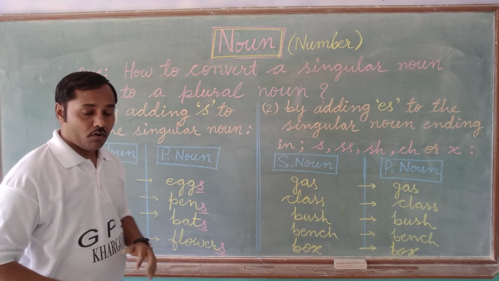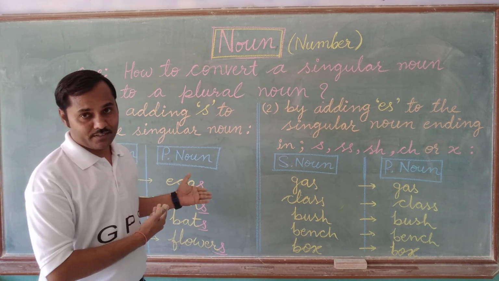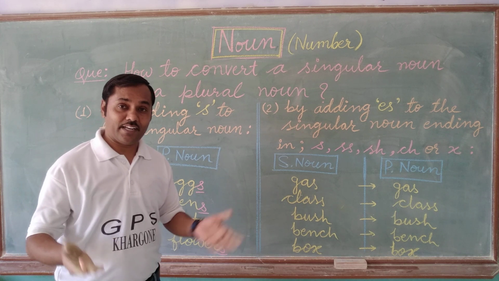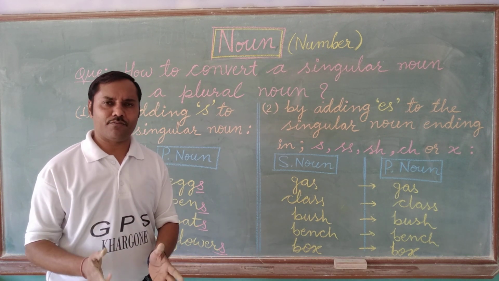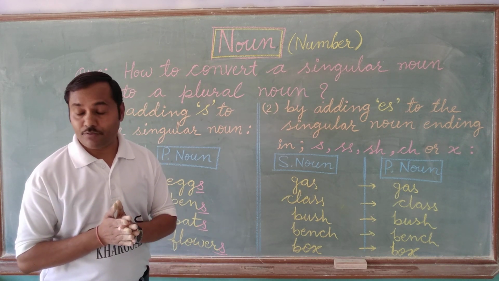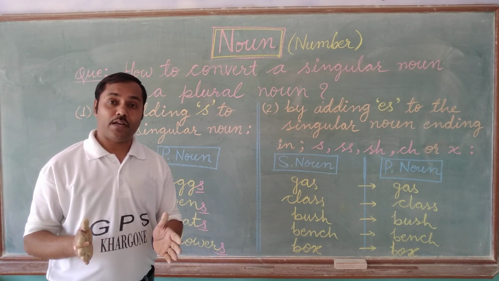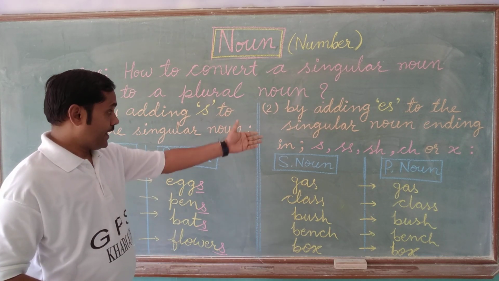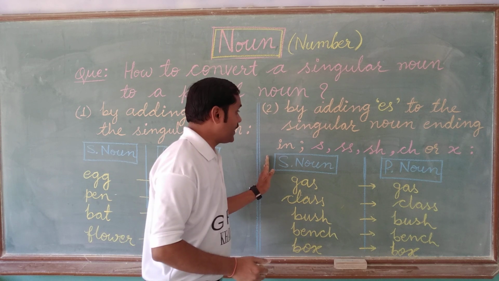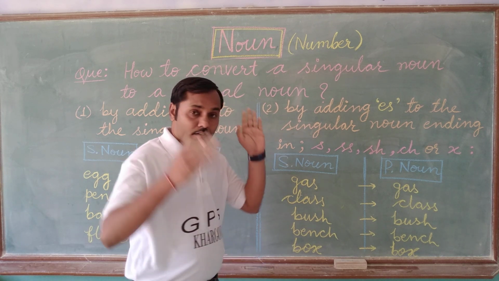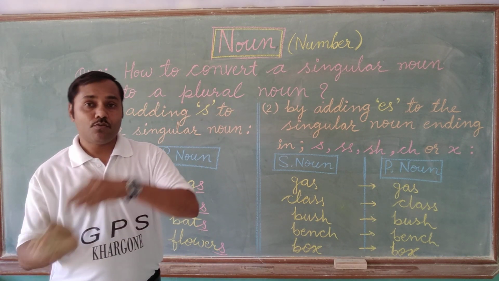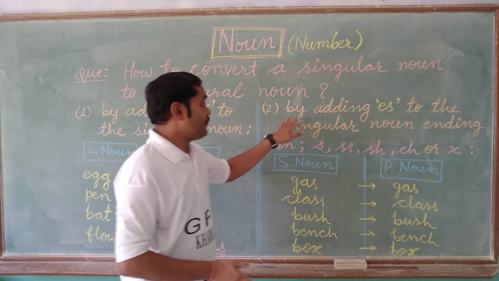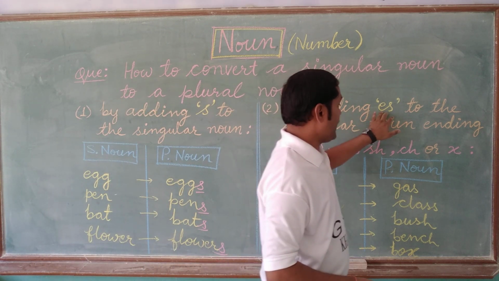But all the time we cannot follow the same procedure. Yes, English is a very funny language and we have so many different rules and so many different situations when we apply the different rules. Like here, the second way of converting one singular noun to a plural noun is by adding ES.